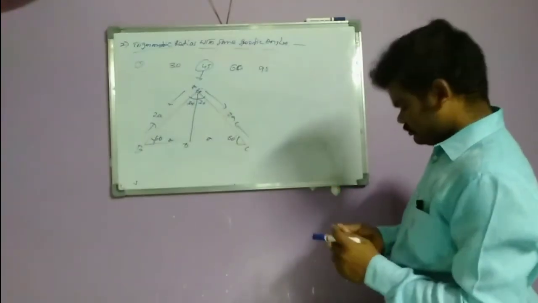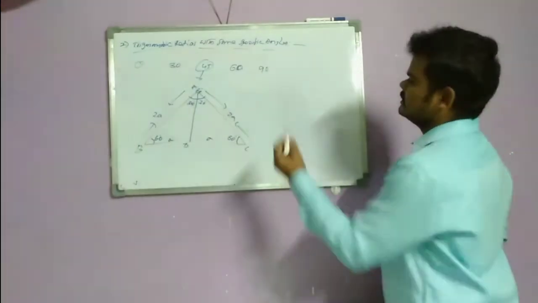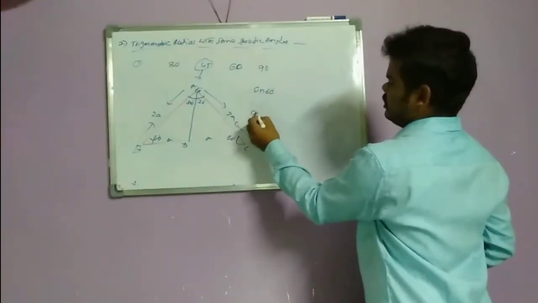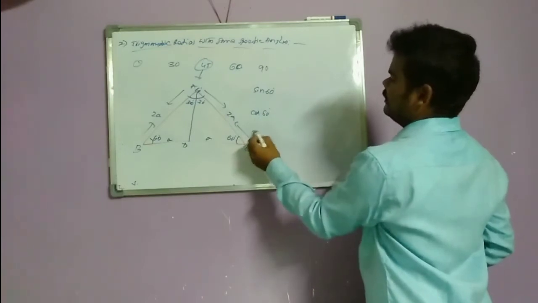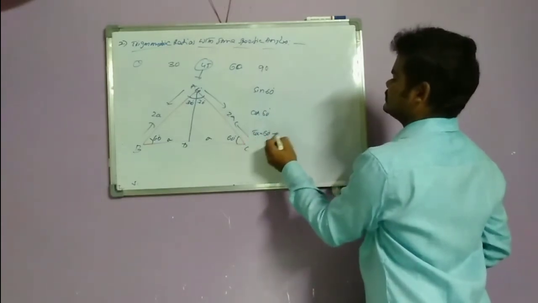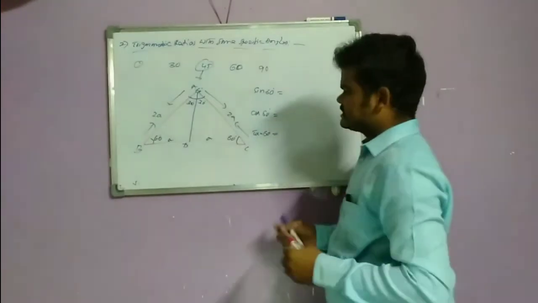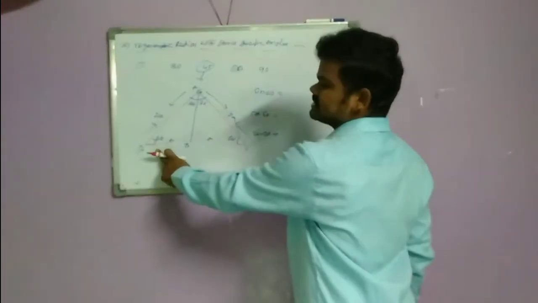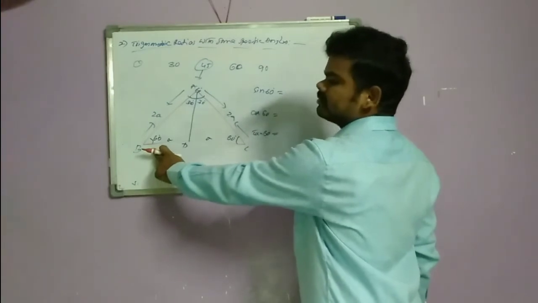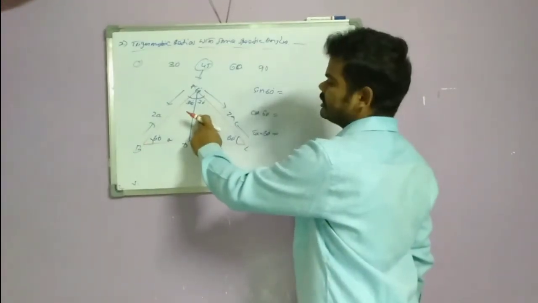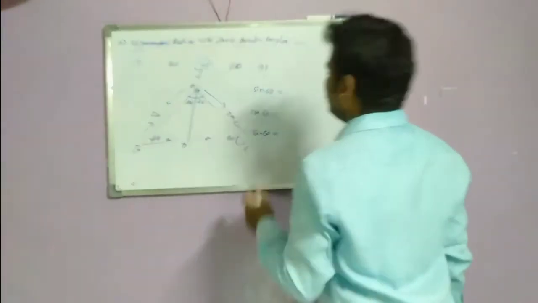Now sin 60, cos 60, tan 60. What is sin 60? Sin is the length of the side opposite the angle by hypotenuse.